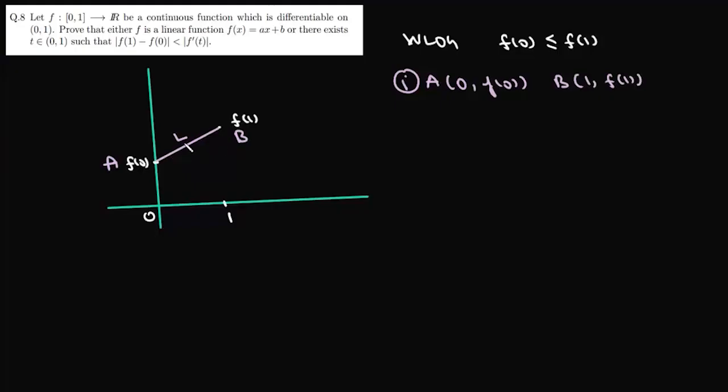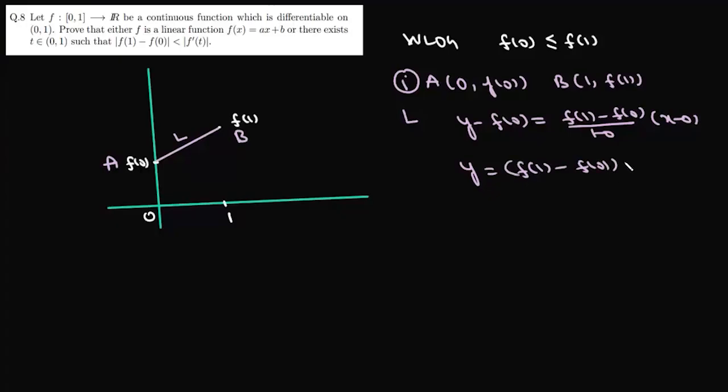And we can always draw this straight line L, and we can also write the equation of this straight line: y minus f0 equals f1 minus f0 upon 1 minus 0 into x minus 0, which is y equals f1 minus f0 x plus f0, which is a linear function of the form y equals ax plus b.